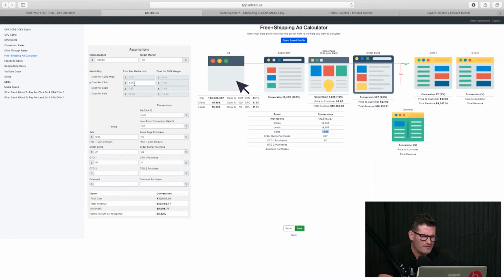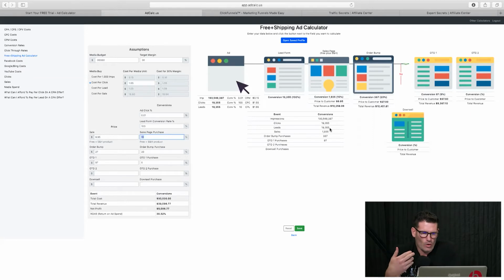You're paying $1.55, 10% conversion, $9.95, you're generating 1,935 sales, okay? But you're generating 19,355 clicks to the sales page, which means that you're losing 18,000 people who will not purchase. You're not getting any information from them.